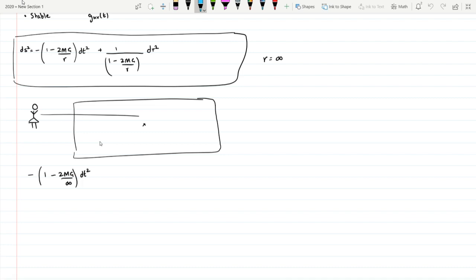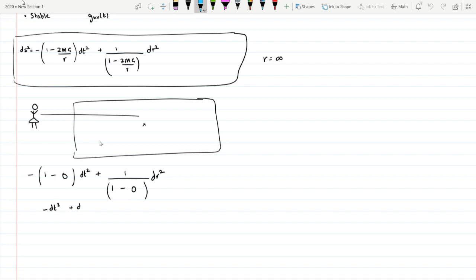I need participation because you're looking at a black hole. You guys wanted this, so help me out here. The first one will be minus 1 dt squared. And you can see that this term vanishes, and this term vanishes, right? Because it's divided by infinity, which means our metric looks like minus dt squared plus dr squared.